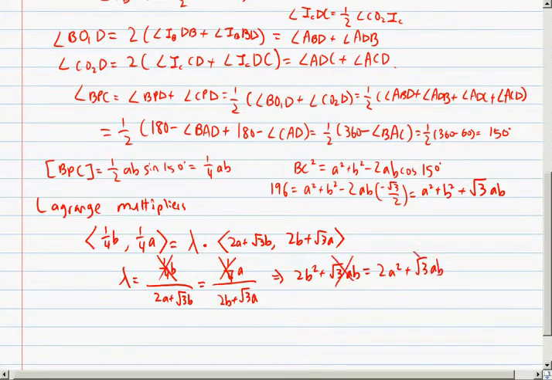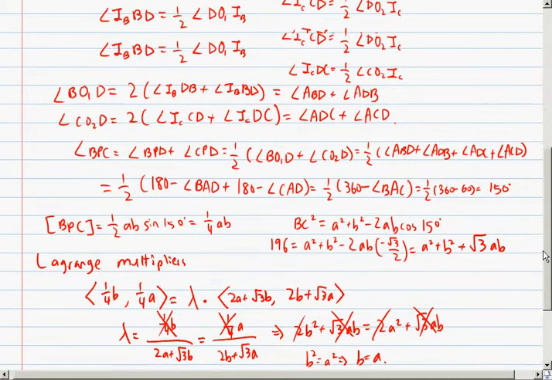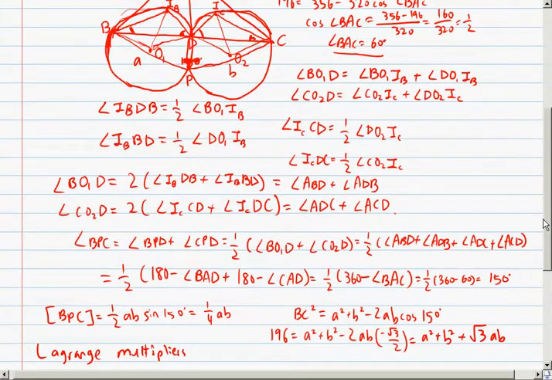Cancel these out, cancel out the 2's. We get B squared equals A squared, or B equal to A. So we get to maximize the area when A is congruent to B.